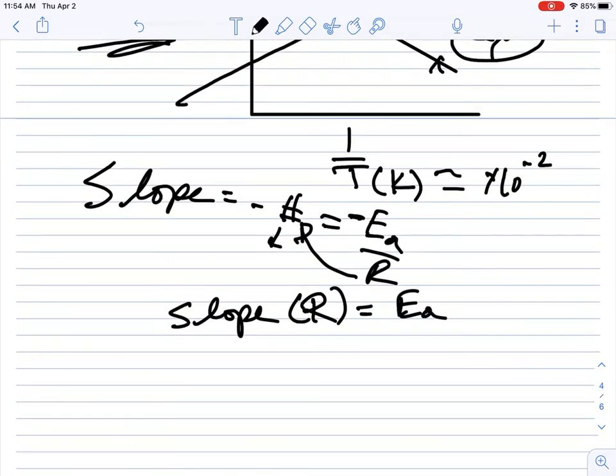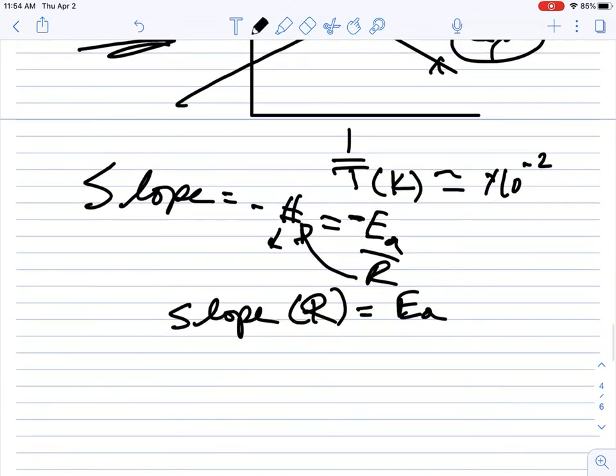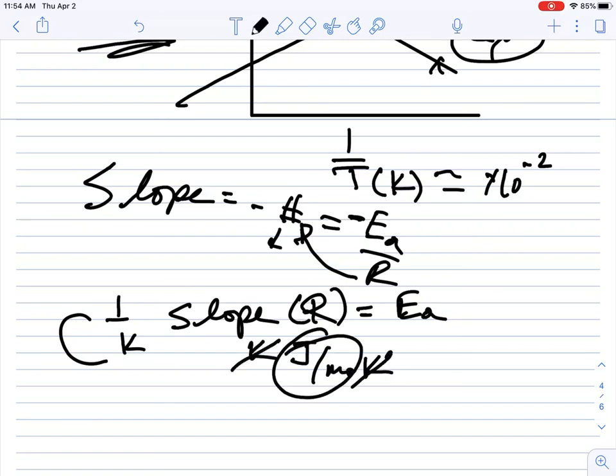Your slope times R, which is joules per mole Kelvin. Your slope was 1 over Kelvin, so that flips up. The Kelvin drops out, you get joules per mole, boom, there's your activation energy.